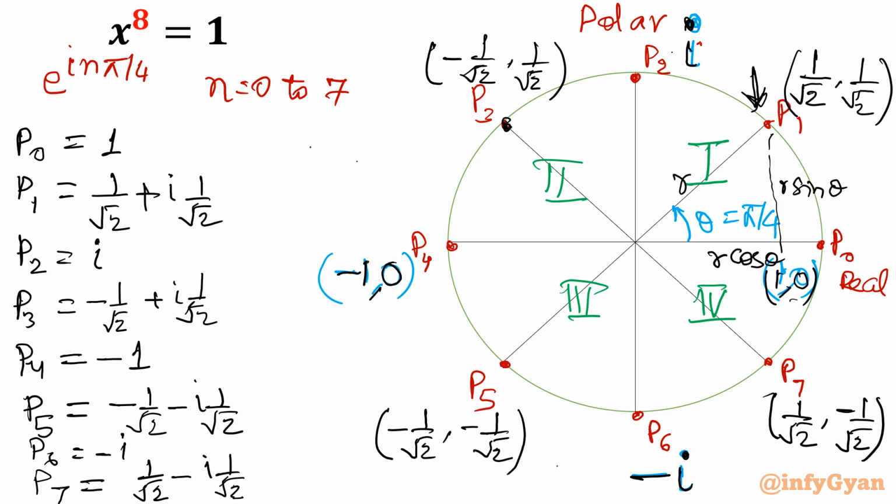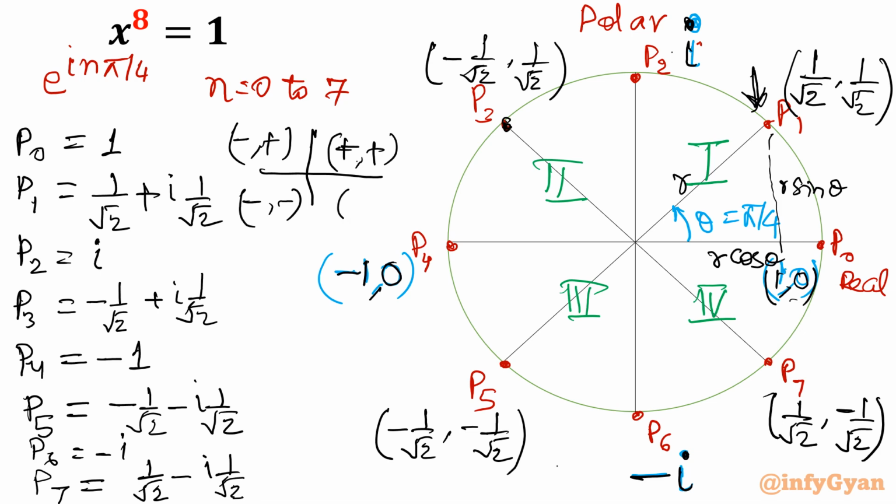This is the advantage of polar plot. If you know theta, you can immediately find out all the values. See, one more method is there to find out the coordinates, which one would be positive, negative. See, in first quadrant, normally in coordinate system, both coordinates are positive. In second, minus plus. In third, minus minus.